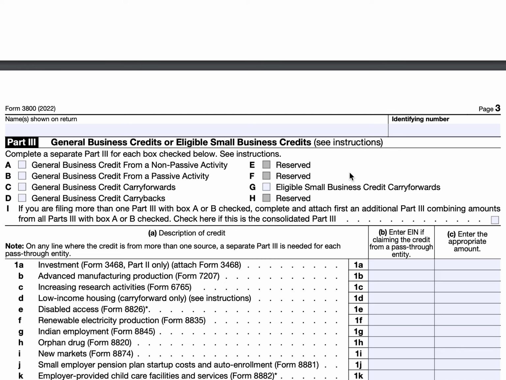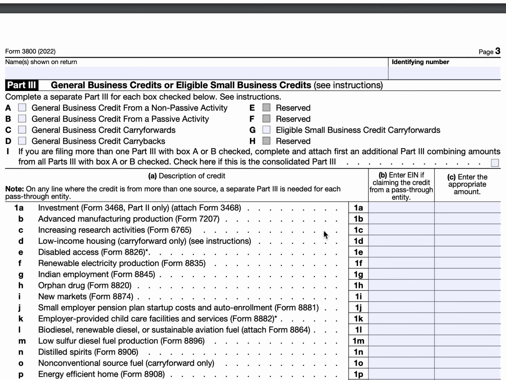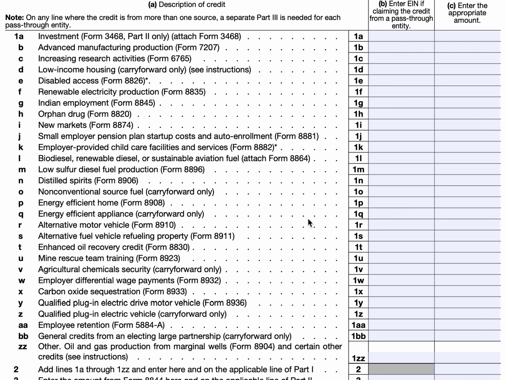For each box that you check, you must complete a separate part three. For example, if you were going to claim business credits from a non-passive activity as box A, you would check box A, then you would complete this part three with all of the information from each of those forms.